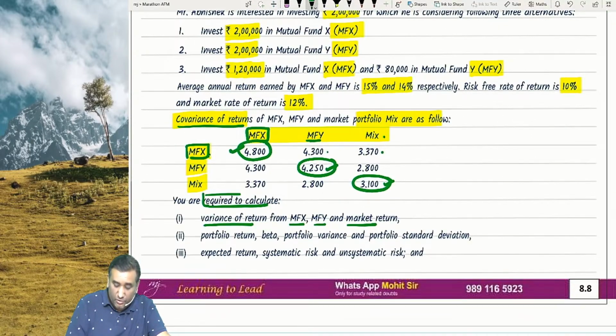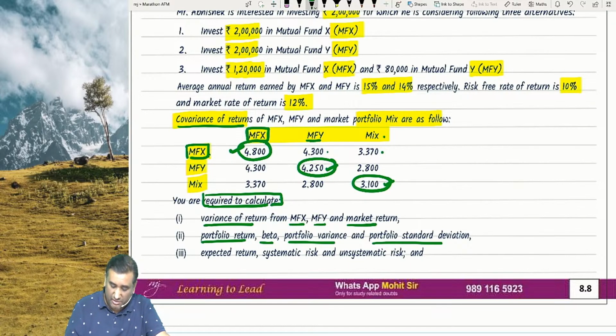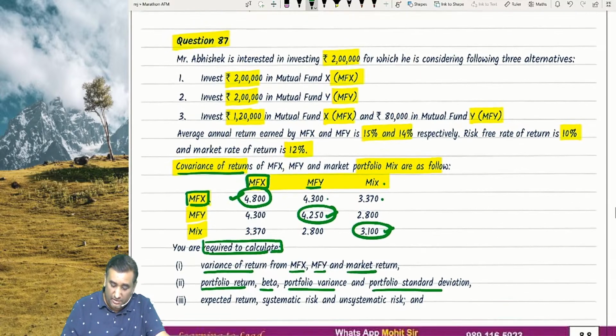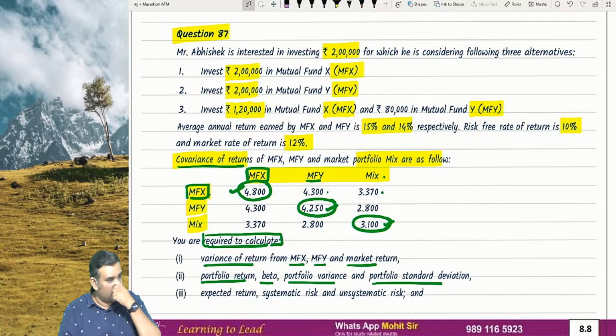Second part. You are required to calculate portfolio return, then portfolio variance. For portfolio return, where is the portfolio, sir? Third case.